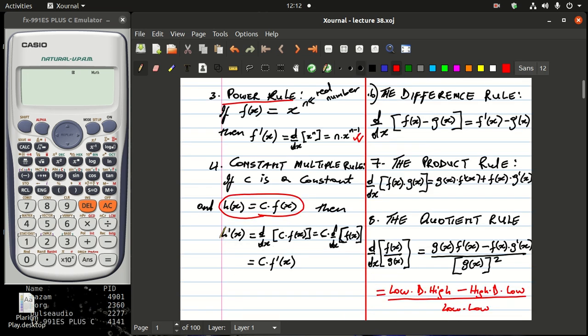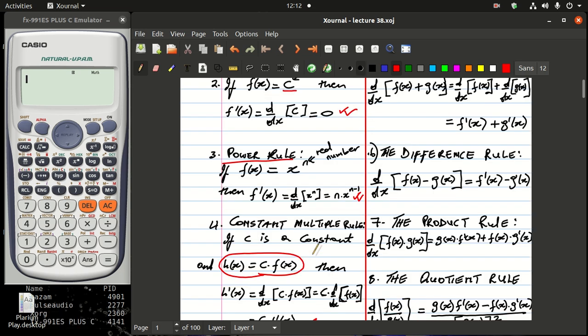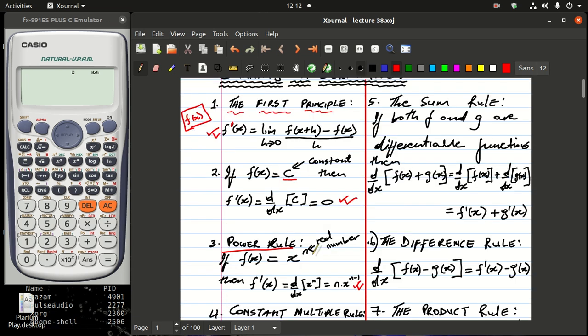Then for h prime of x, we always pull out the constant. You can always pull the constant in front of the derivative and take the derivative of the function, which means that h prime of x is going to be c times f prime of x. Take note, keep taking this summary down, just in case you might have missed something that we did.